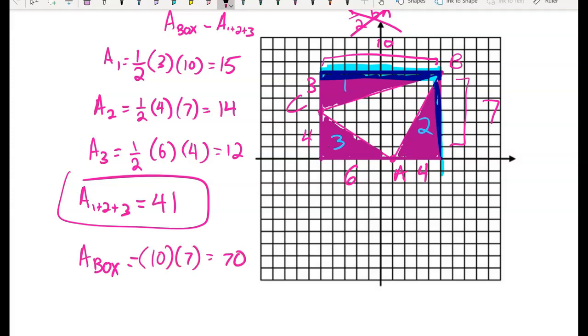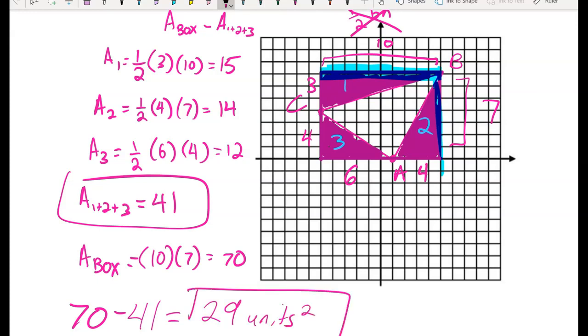So I'm going to take the area of my box and subtract away the areas of the triangles along the outside to find that my total area of the white stuff in the middle, which is the triangle I was looking for in the first place, is 29 units squared. So whether this is a slanted rectangle, a triangle, or whatever shape this is, I can always encase it in a rectangle so that I can just count the boxes to find the area.